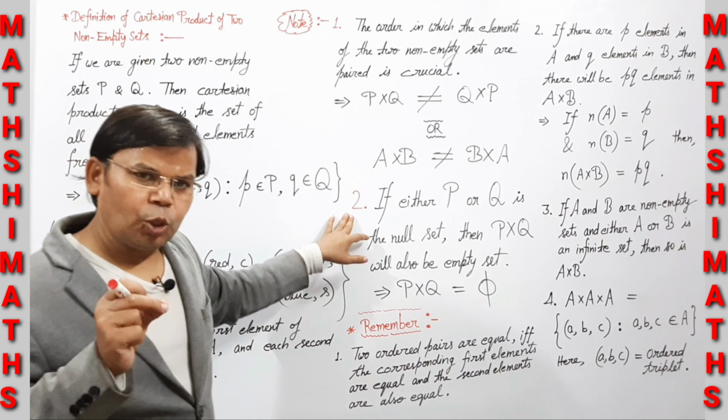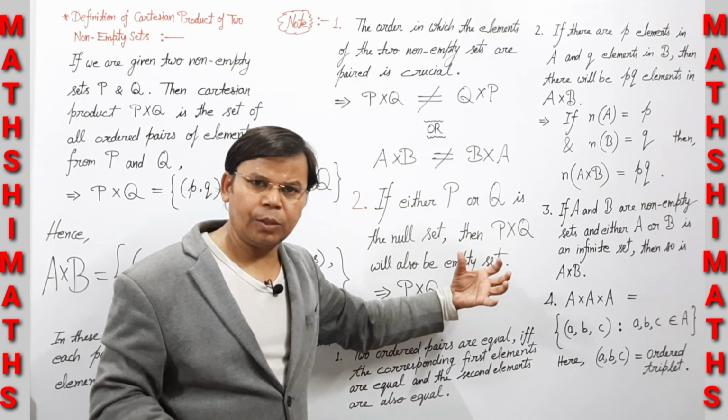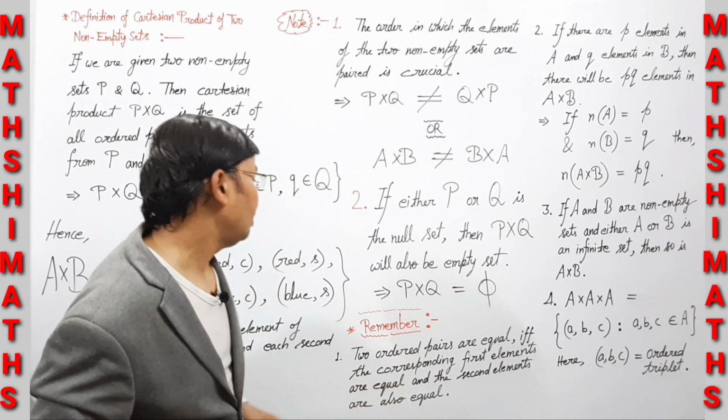Now the second point to be noted: if we are finding the Cartesian product of two sets P and Q, and either P or Q is the null set, then the Cartesian product of P and Q will also be the null set or empty set, because null set and empty set are the same thing.